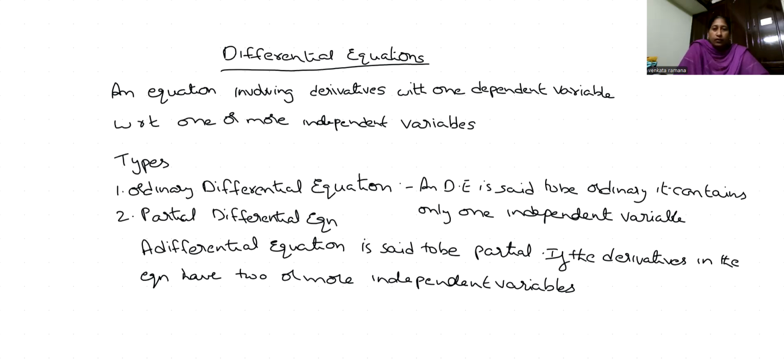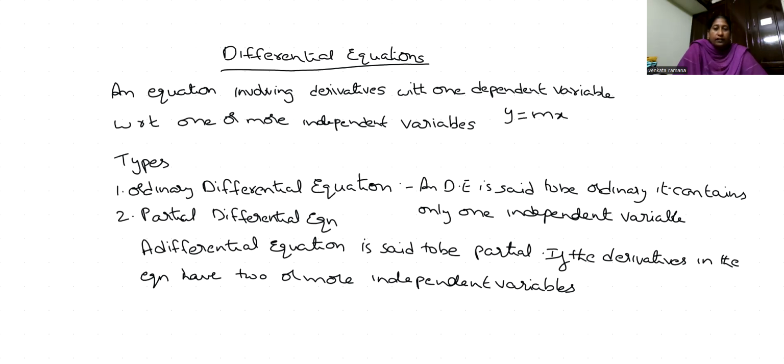Before that, we have to learn what an independent variable and a dependent variable are. Here we are considering a line passing through the origin, that is 0, 0. If you give the values for x, we get the values of y.